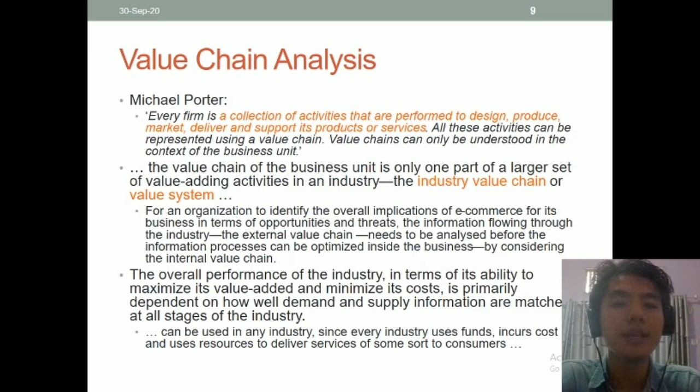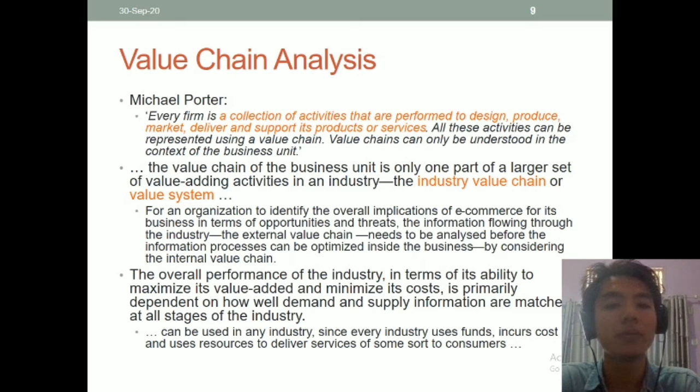For an organization to identify the overall implication of e-commerce for its business in terms of opportunities and threats, the information flowing through the industry, the external value chain, needs to be analyzed before the information processes can be optimized inside the business by considering the internal value chain.